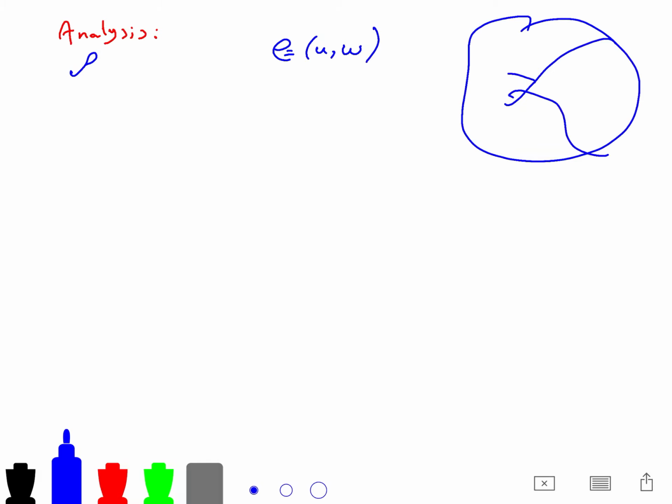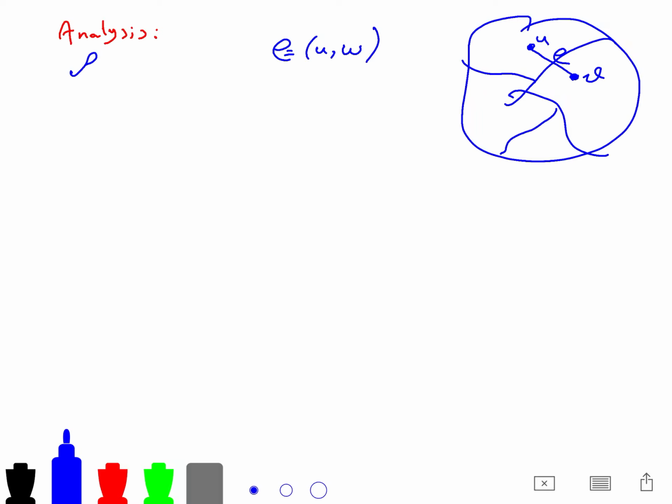It means that if you have some clusters, one vertex of an edge, U, is in one cluster and the other one is in the other cluster. So this is the edge E that it may or may not happen, because our construction is just probabilistic.